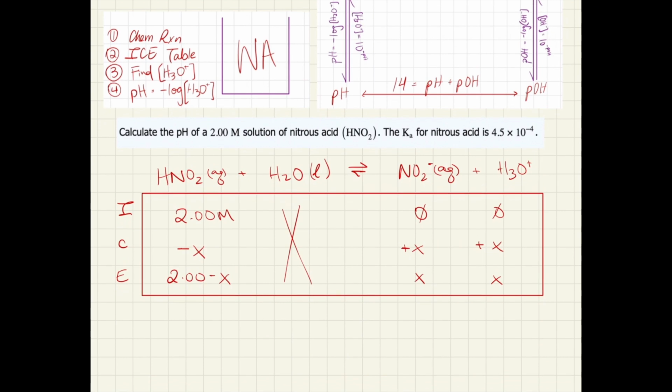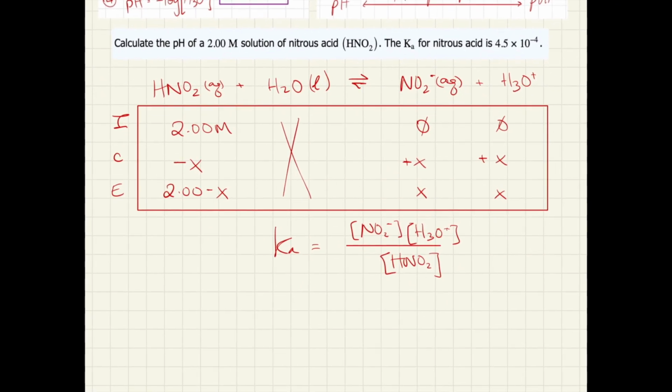Now, our long-term goal is to figure out what x is, but after every ICE table, I like to remind myself and go with the equilibrium expression. For an acid, we have Ka is equal to the products over the reactants. Remember, don't include pure solids or liquids in equilibrium expressions.